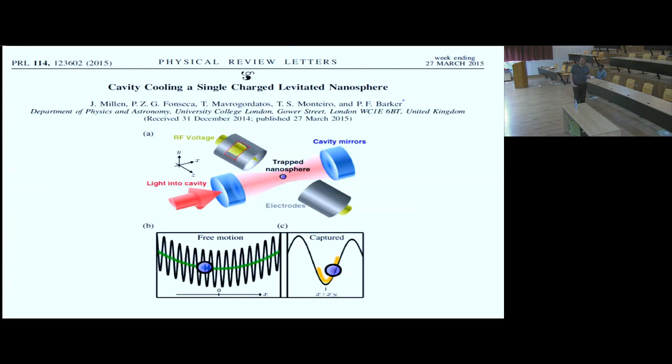The green potential here is the motion of the particle in the Paul trap, and that moves through these small wiggles here, which are the standing field of the cavity. The combination of the two has an advantage for the cooling. Yes, we can now use many of those optical cavity potentials or mode potentials for the cooling effect.